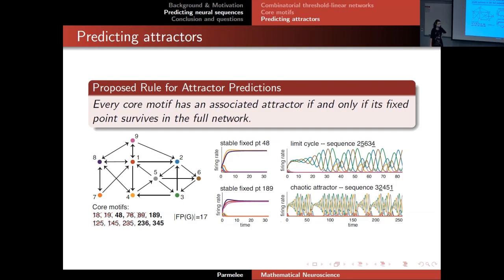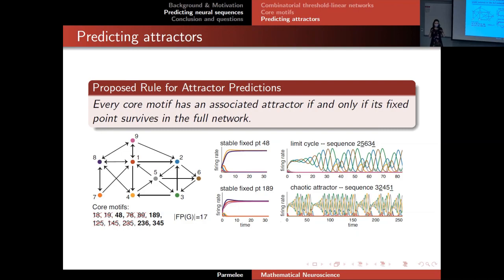It is the survival of those core motifs. If a core motif survives, we expect there to be an attractor focused on those neurons. To access that attractor, if you initialize at just those neurons with everything else off, or maybe a little bit of noise, then it falls into that attractor pretty standardly.